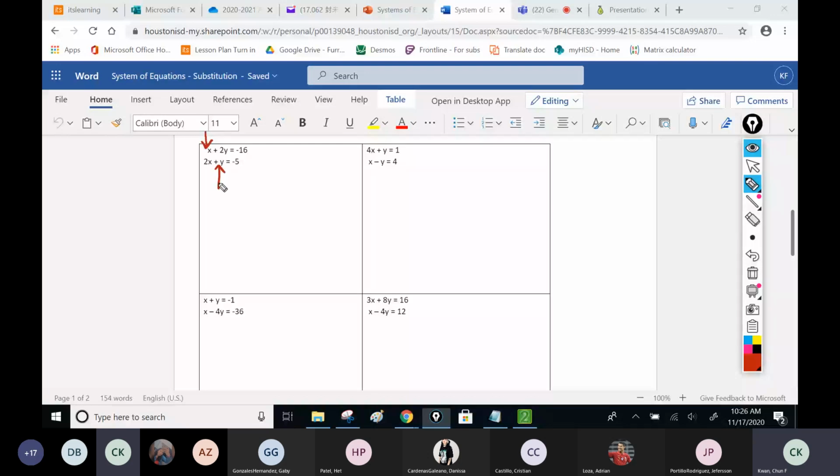So you can pick either equation as long as you are solving for the variable with no number in the front. Either one is fine. So how about we solve the first equation, and we're trying to solve for x because there's no number in the front. So x plus 2y equals negative 16.